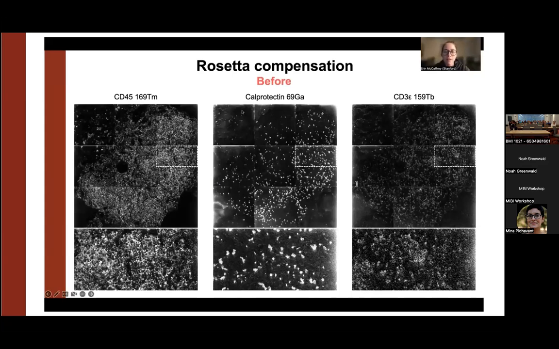However, if we look at calprotectin, this antibody is in mass channel 69, which has an incredibly strong presence of both gold and organic background. On the other hand, here we have CD3 epsilon, and this marker in general is quite dim, which means that in many cases, as you can see in the inset here, it can be difficult to distinguish true signal from noise.